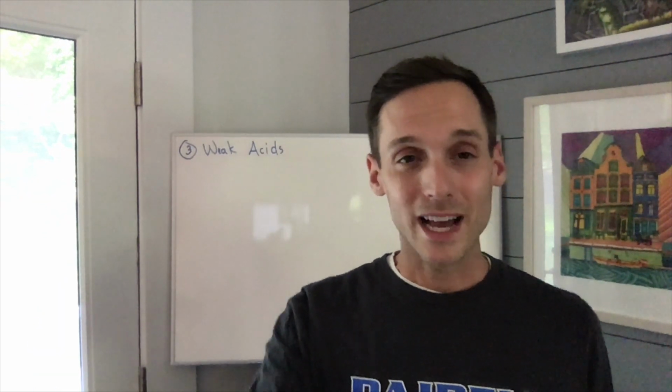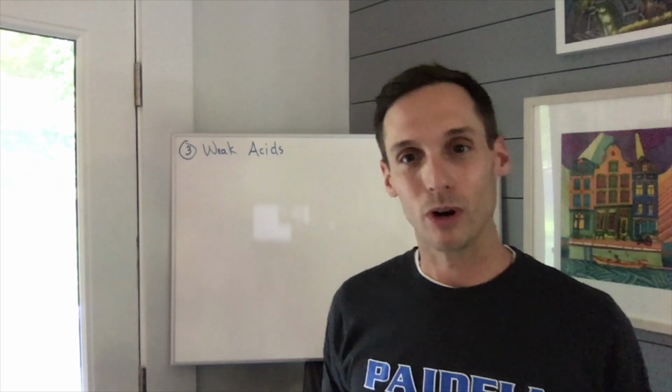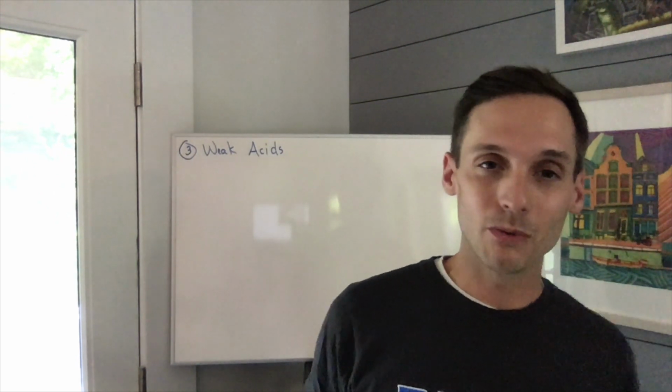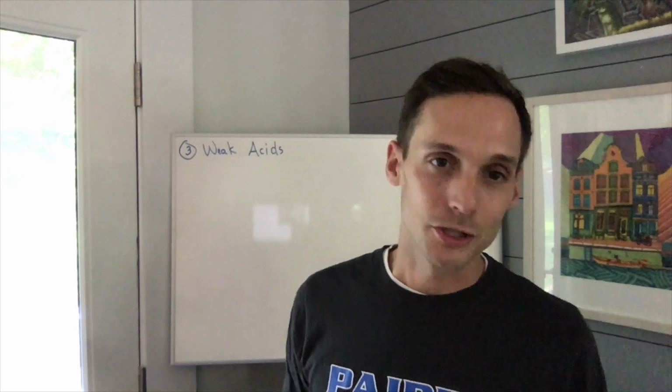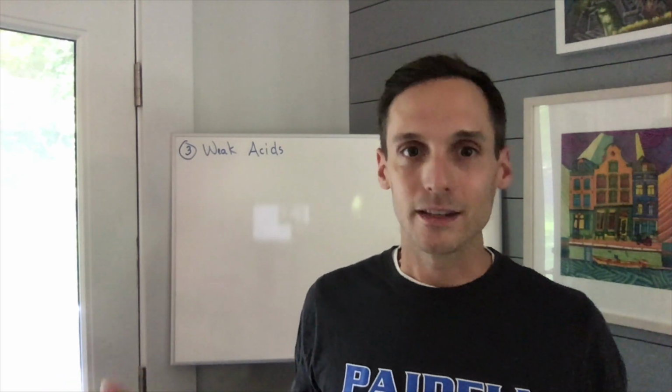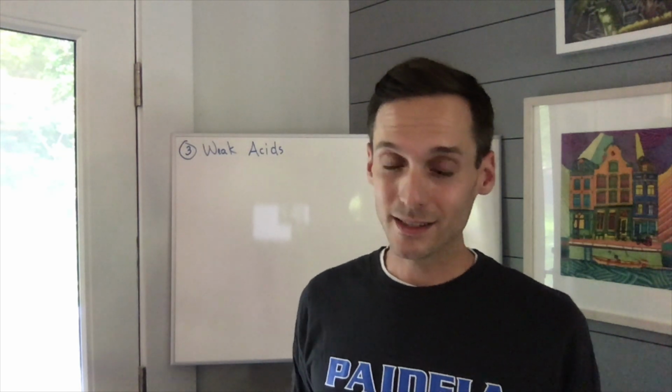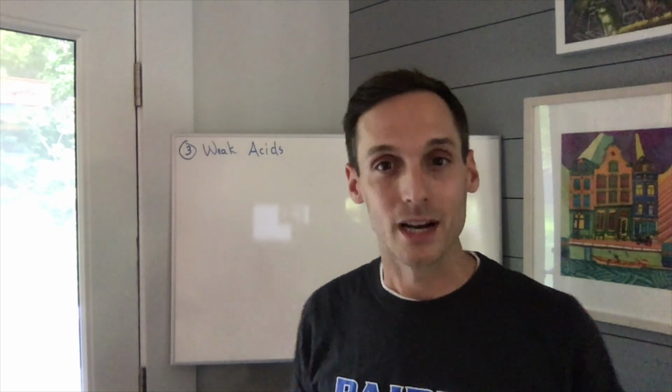So weak acids are a little more difficult to work with, but just remember what we mean by a weak acid. Okay, so to be a strong acid, it means you're really good at donating a proton, but a weak acid is kind of a poor proton donor, right?